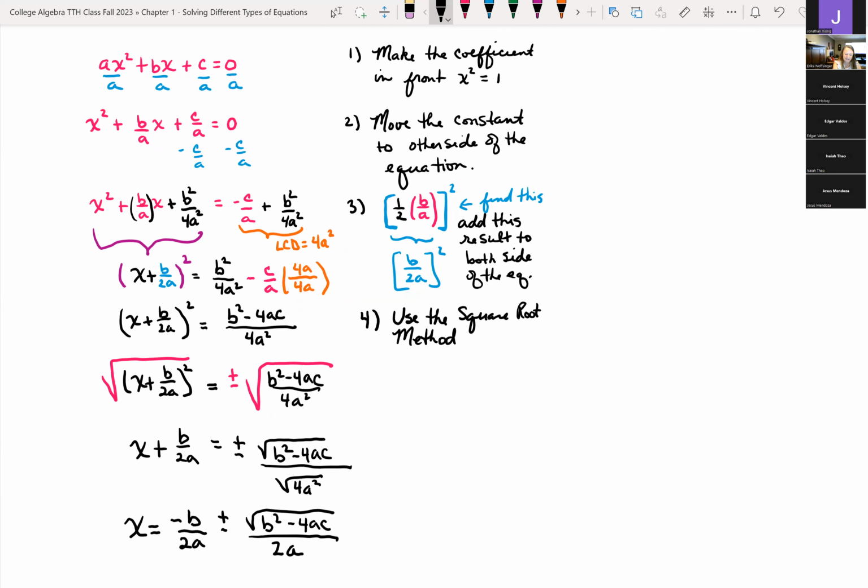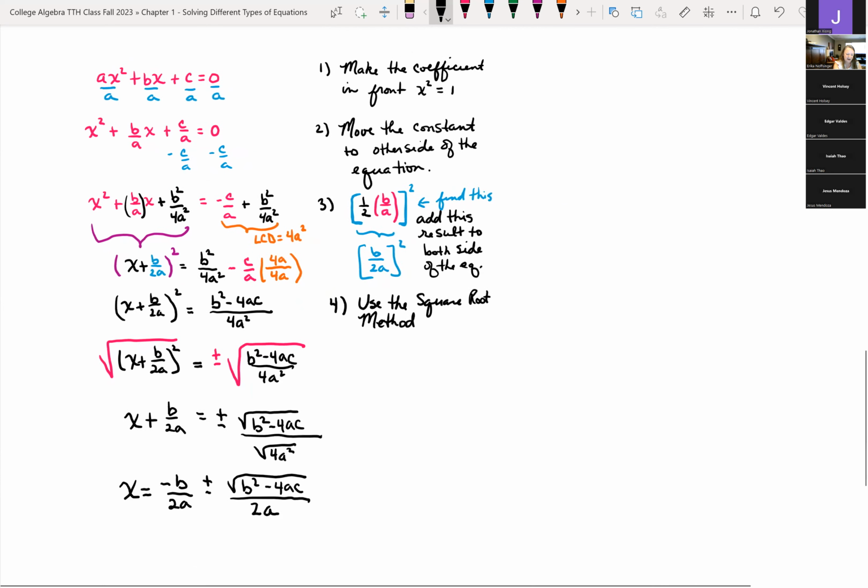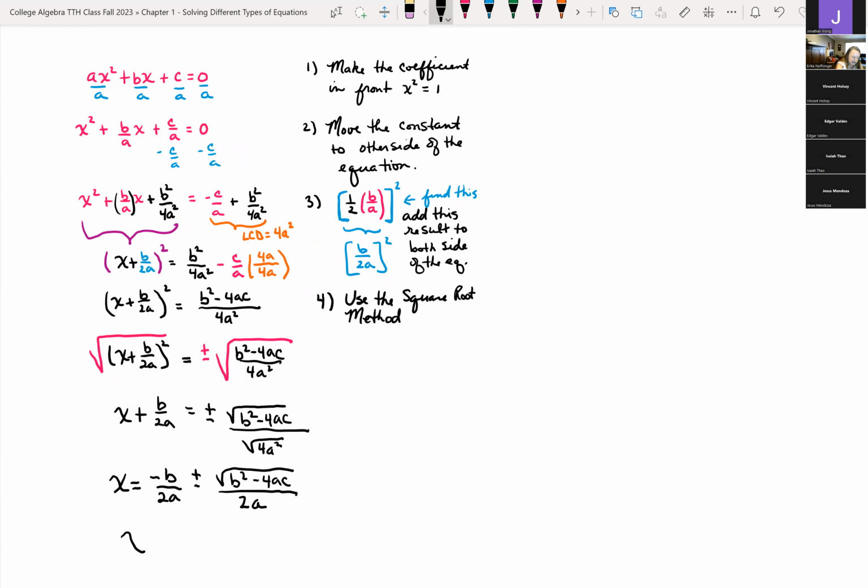So now notice that I have a common denominator in here. And so I get x is equal to negative b plus or minus the square root of b squared minus 4ac all over 2a.